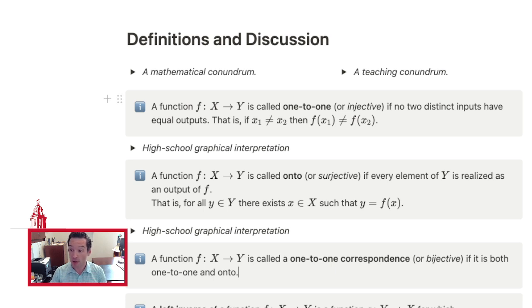So I call a function one-to-one, or I might use the word injective if I'm feeling fancy. A one-to-one function has the property that different inputs always give me different outputs. So the thing a one-to-one function cannot do is take two different inputs and produce the same output from them. That would be a failure of the function being one-to-one.